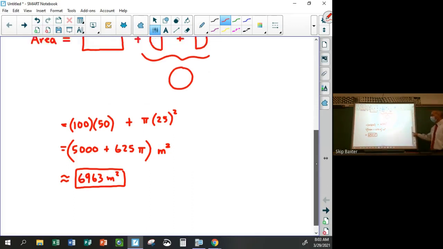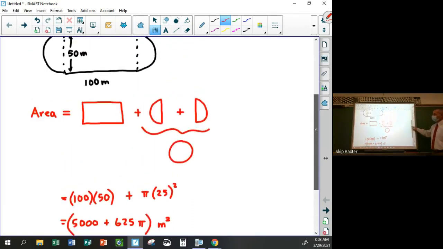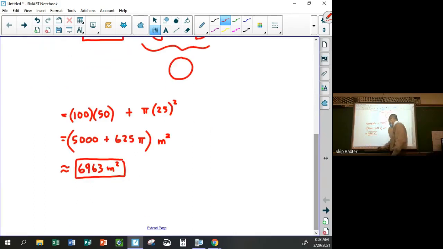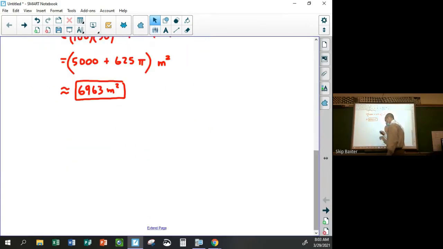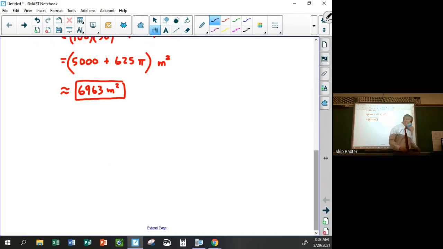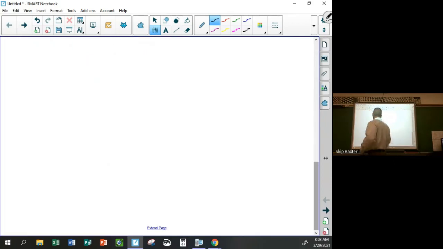Okay? That's a composite figure. Let's just do a couple more examples. What if you had something like a parallelogram that had a semicircle attached?